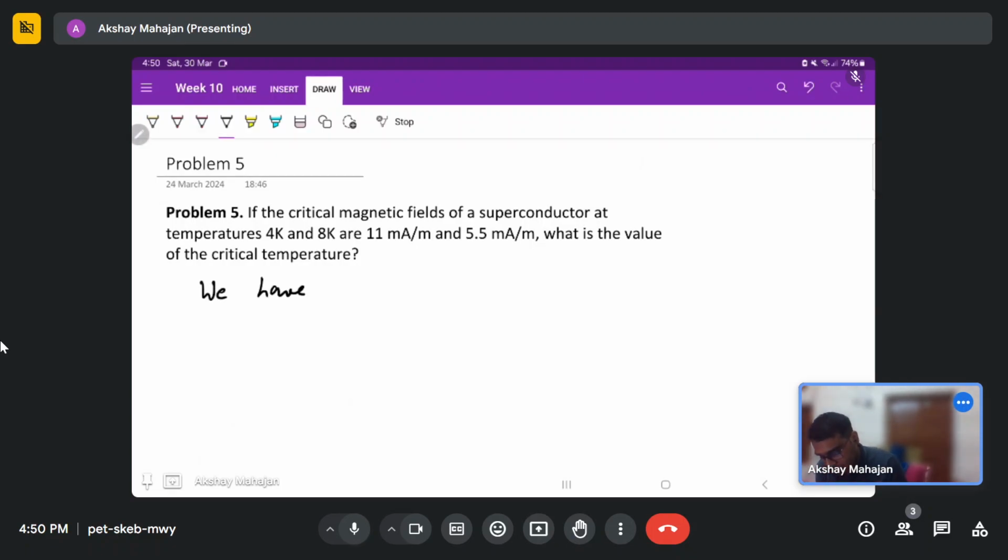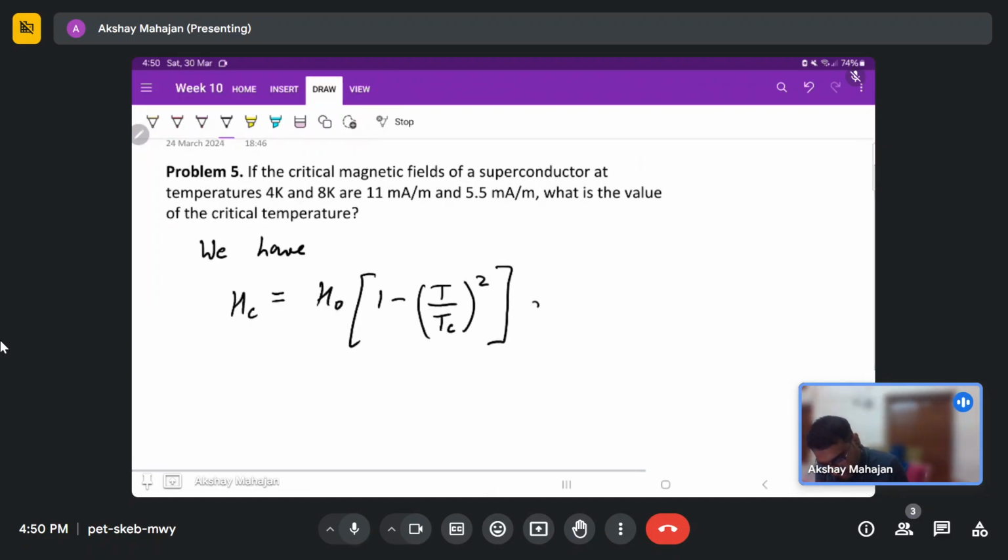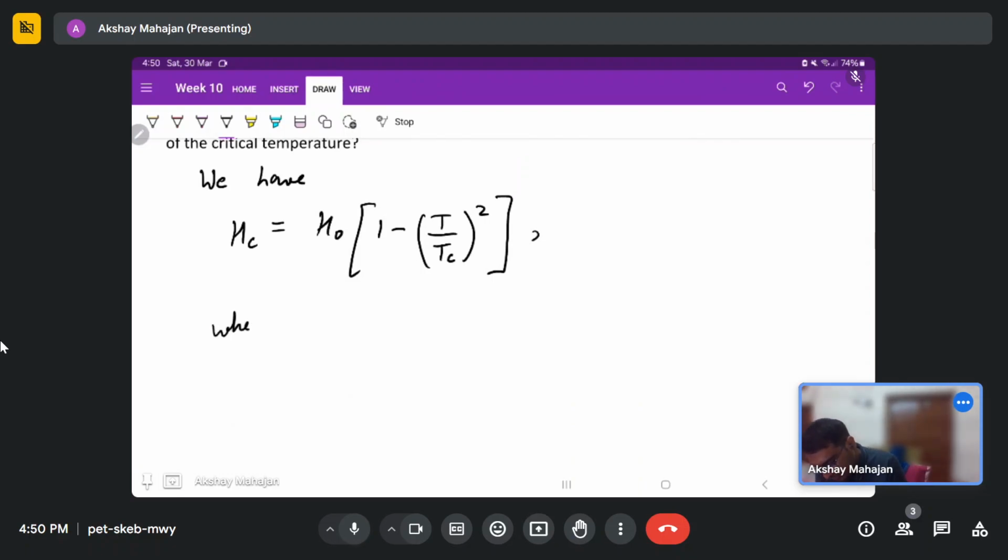we already know that this is the formula for the critical magnetic field, that is given by Hc equals H naught times 1 minus T by Tc whole square, where this Hc is the critical magnetic field at temperature T. Okay, so critical magnetic field is a function of temperature.